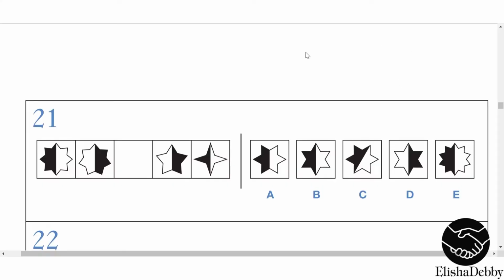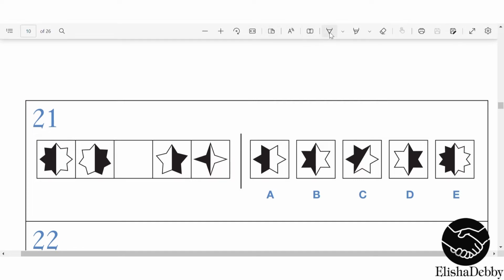Now, to solve this kind of problem, remember always to use one element at a time. I always tell people to use one element at a time.